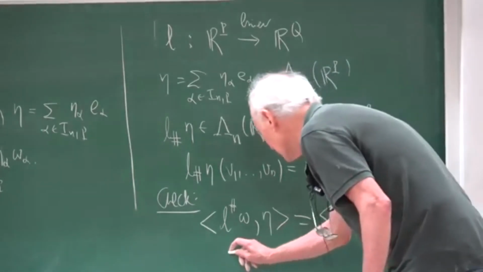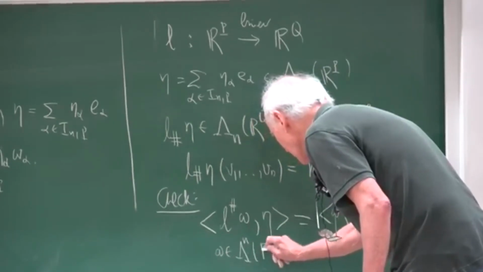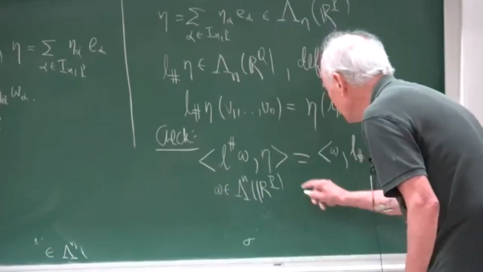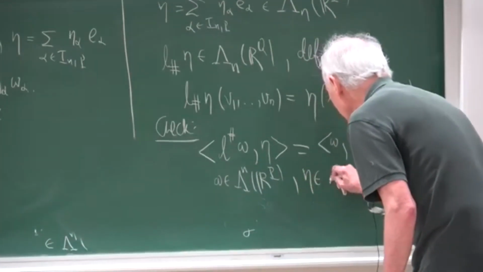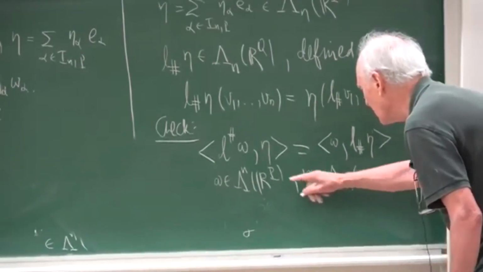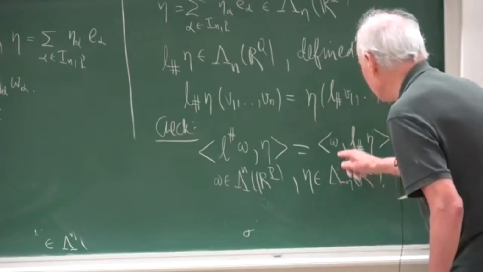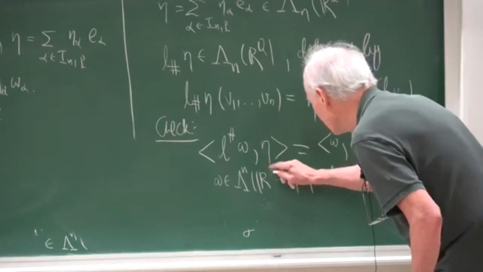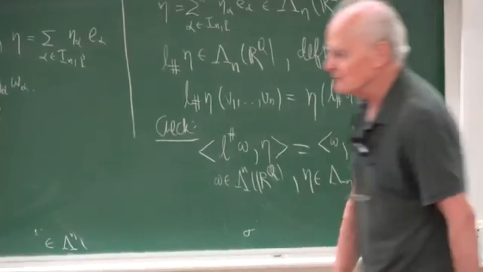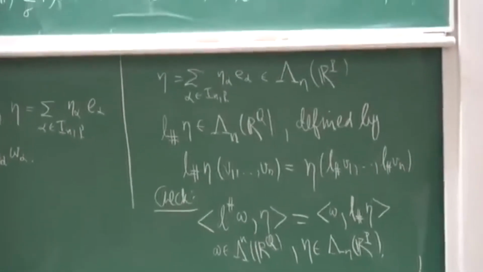This is for omega in lambda superscript n RP, and for eta in lambda subscript n RQ, RP. Oh, omega is in RQ, sorry. Yeah, so you can check that. It's simple, just a couple of lines of computation.